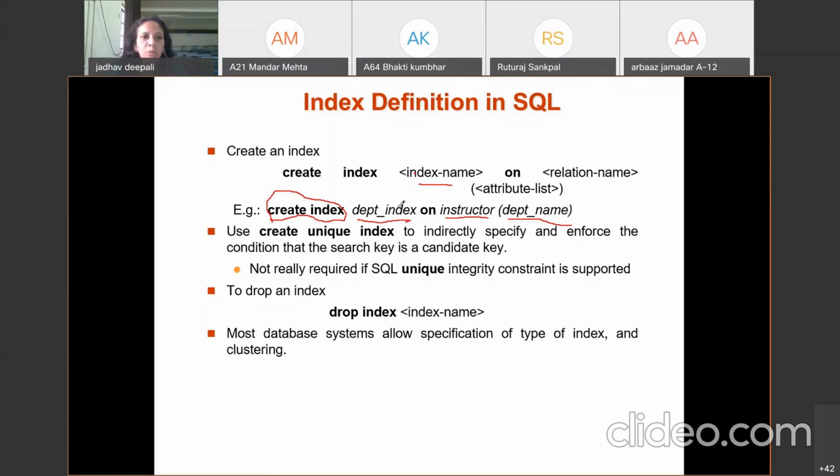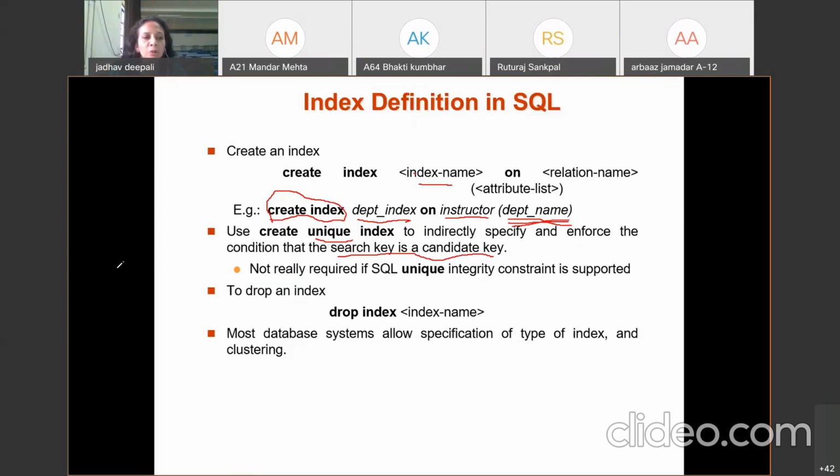Now see, if we use the word unique along with create index, then it specifies that the search key you are using is a candidate key. That's the purpose unique is used for. But normally the simple create index statement is used for the creation of the index.